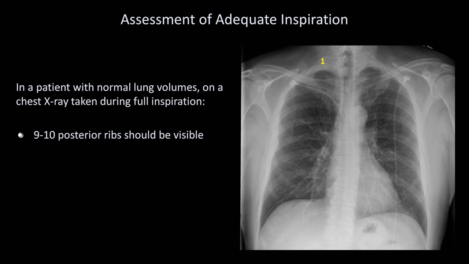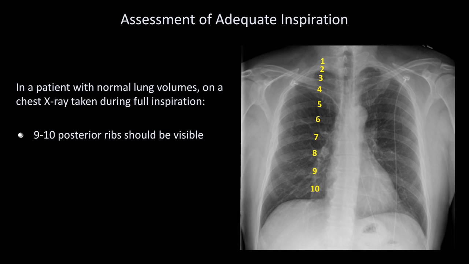Here's the first rib, which is normally much smaller than the others and angled a bit differently, which is why it looks different on the X-ray, and is the only rib in which the anterior end is typically easier to identify. Then the second rib, then the third, and the fourth, and so on, all the way down until we reach number 10.